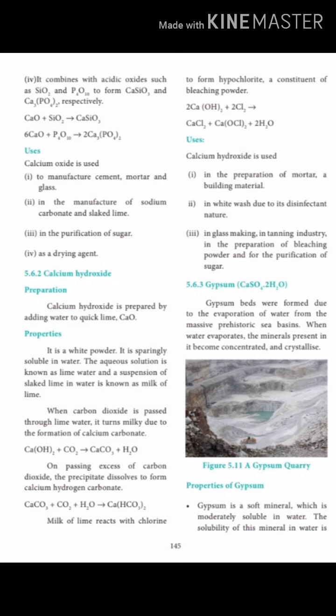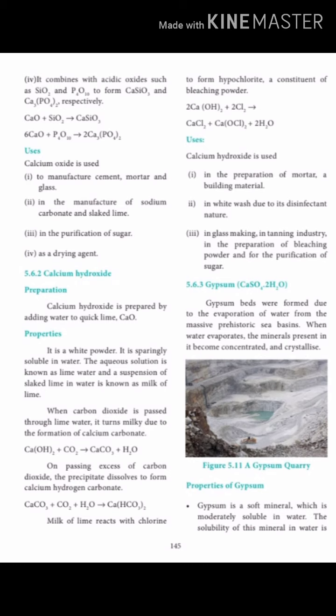Gypsum has low thermal conductivity, which is why it is used in making drywalls. It is also a natural insulator. Gypsum has a hardness of 1.5 to 2 on the Mohs scale. Its specific gravity is 2.3 to 2.4.